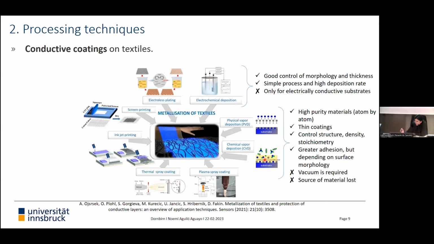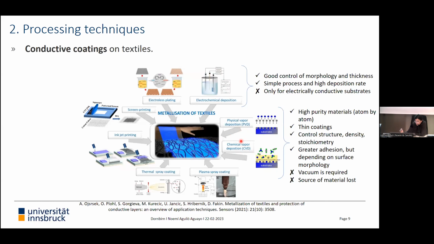In physical vapor deposition, the target, the source of material, is a solid. And in chemical vapor deposition, the source of the material is a liquid or a gas. In both techniques, we need a vacuum. And the process allows you to create very thin layers, so the deposition is at the atomic level.